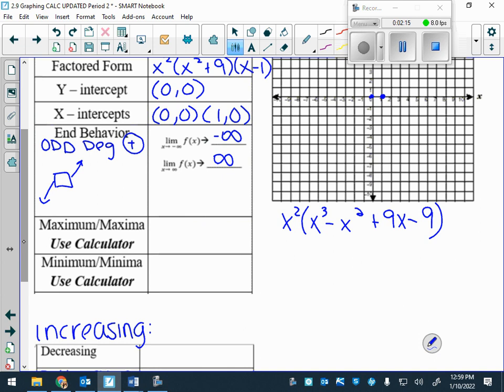With the max and min, if you were to zoom in, okay, if you were to actually press zoom and whatever the in one is, doing the x-intercept left and right, actually typing it in, sometimes doesn't work, okay, because it's so zoomed in.